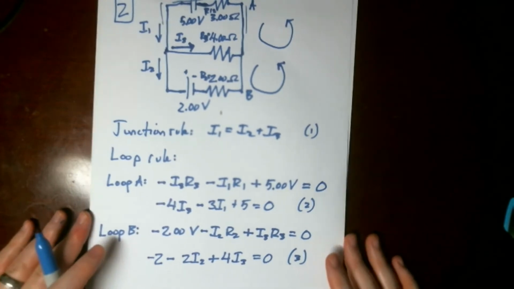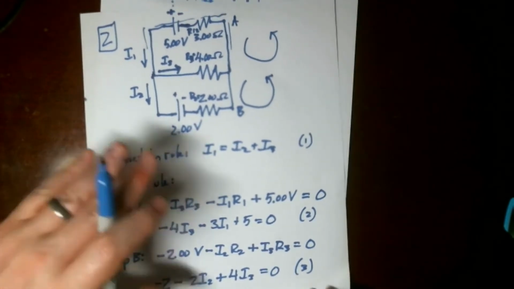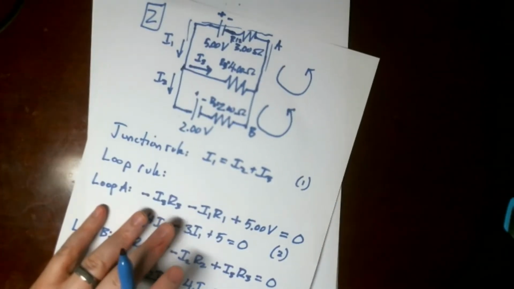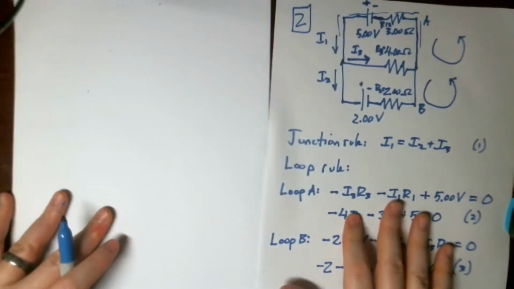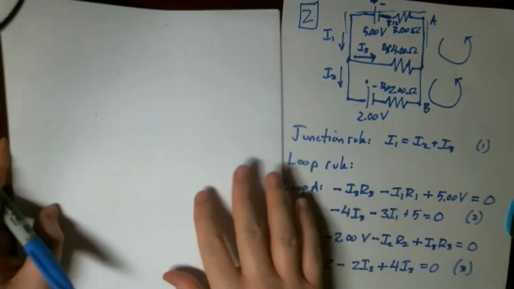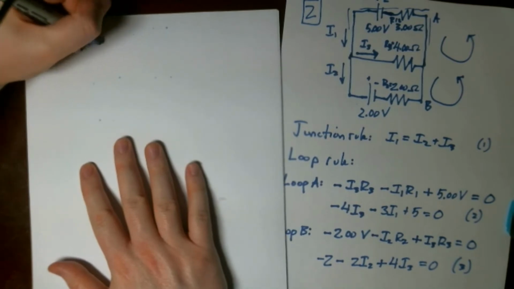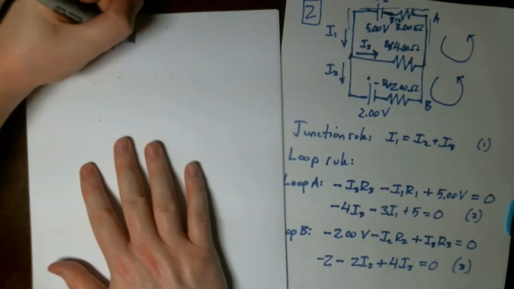All right, so let's write down our system of equations. I'm going to rearrange them slightly so they're a little clearer. I'll get rid of this page here because it's covered in marker pressed through. So our first one is just from the junction rule: I1 equals I2 plus I3.